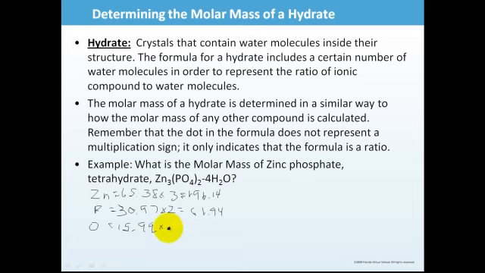And again, the 2 distributes through, so it's 4 times 2, so we actually have 8 total oxygen. So we have 127.92.